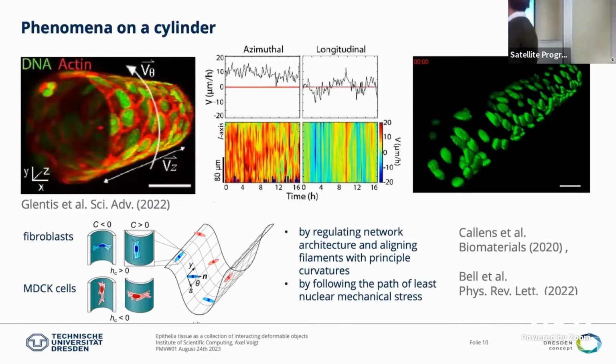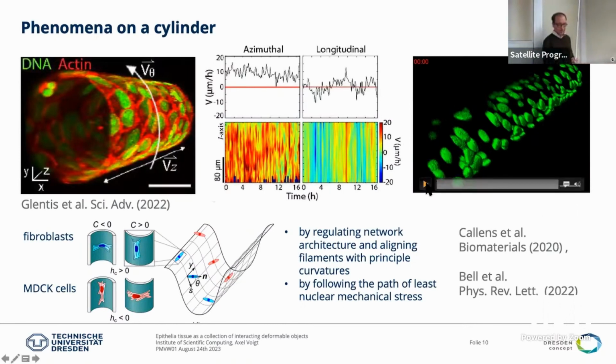Now what else? Next, a more general or more complicated surface would be a cylinder. Luckily, there are experiments for cells on cylinders. They have looked at MDCK cells on the cylinder, and we're interested in what's happening.